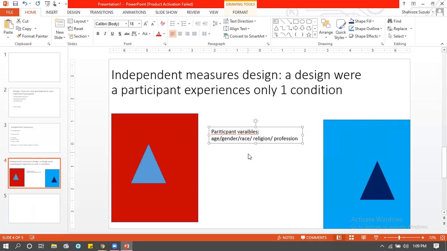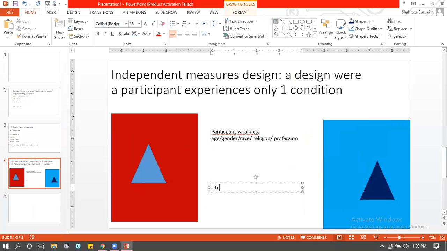Situational variables are factors from the situation, such as temperature, noise, other people, color of the walls, time of the day, anything that has to do with the situation around the person. So there are two types of variables.